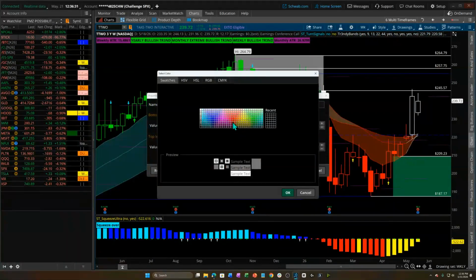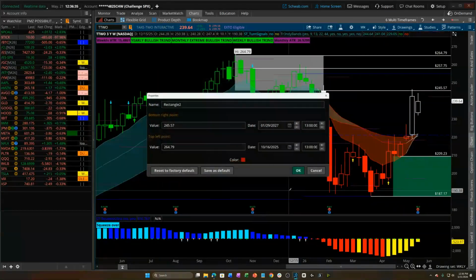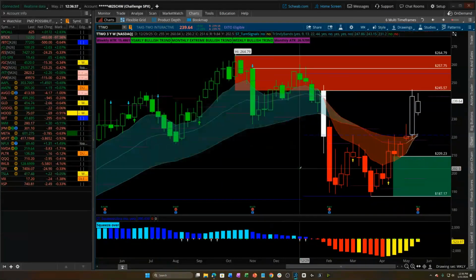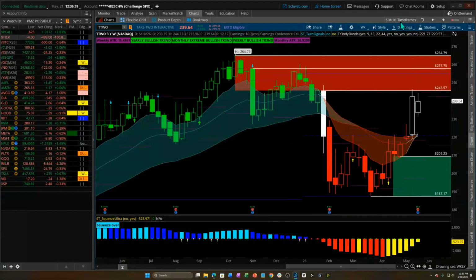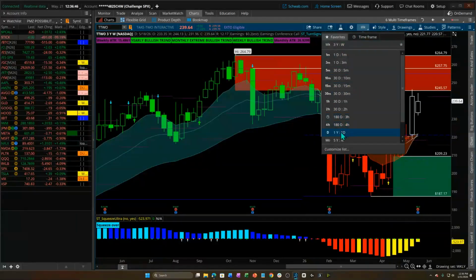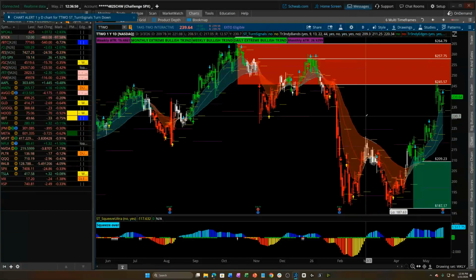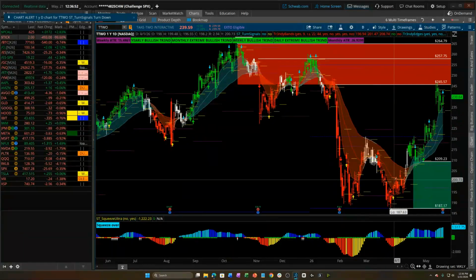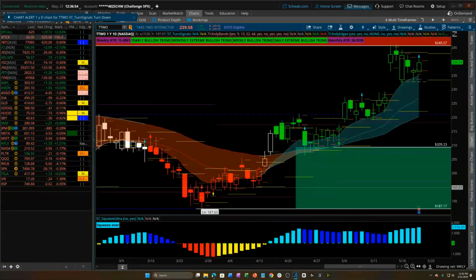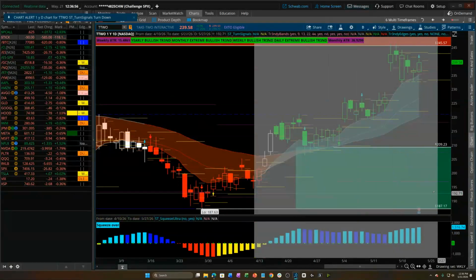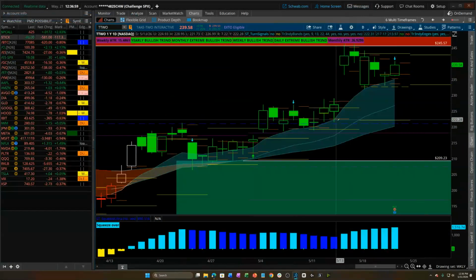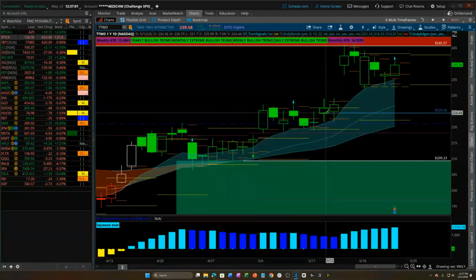Everything in between on the weekly chart is not a zone and it's not a buy the dip or sell the rip opportunity. What we do is we go down to a smaller time frame, like a daily chart, to look for those levels. All right. So on this daily chart, these would be zones that maybe you're looking to be in the trade for a couple of weeks, a month, something like that.